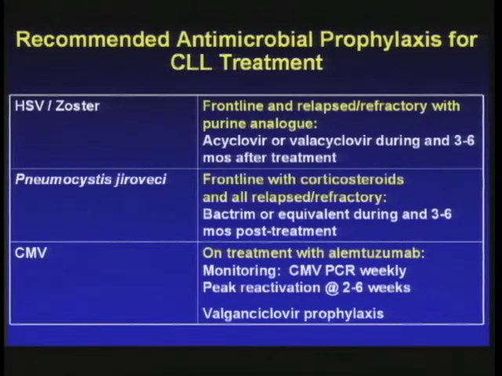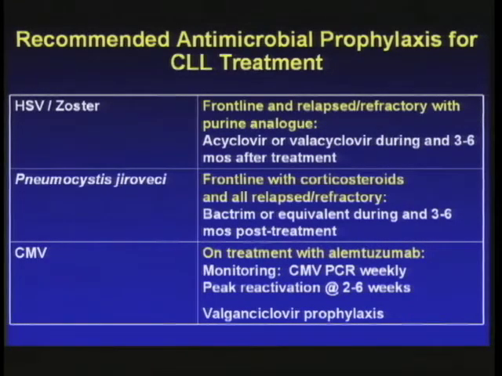And then there's another virus that's usually dormant and is held in a quiescent stage by the immune system called cytomegalovirus, or CMV. That virus can be reactivated particularly in patients who are getting an antibody called alemtuzumab, or Campath. So there's a couple of things that we can do for those patients.